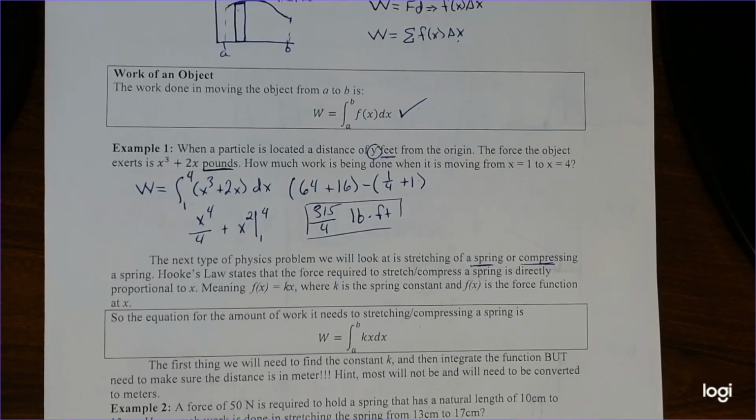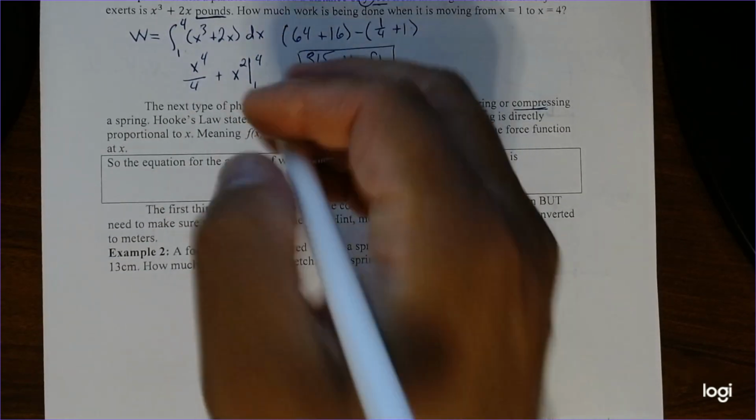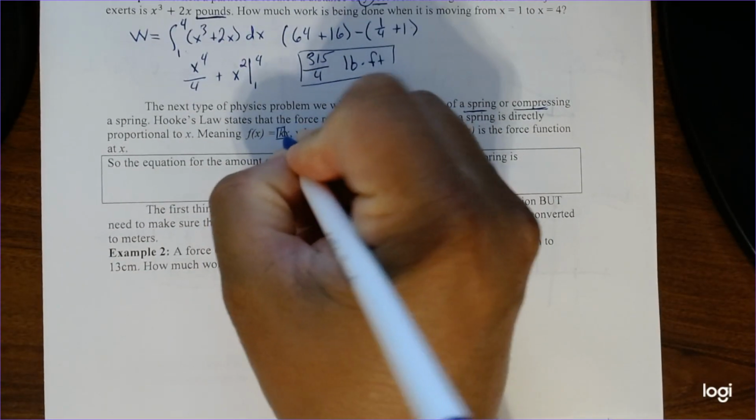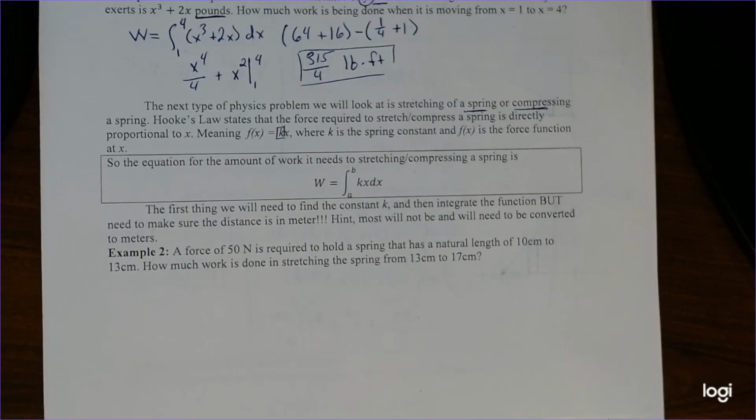Directly proportional means there's some value k that's a constant throughout the interval. Breaking it down, the equation for the amount of work needed to either stretch or compress a spring is equal to the integral from a to b of kx dx.